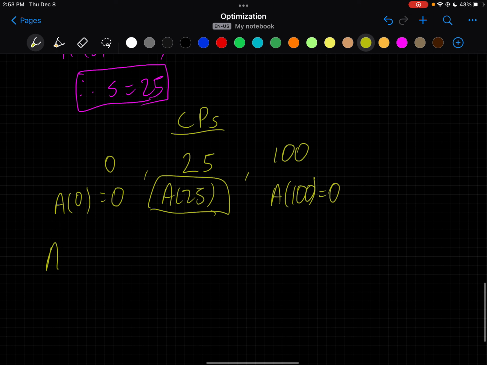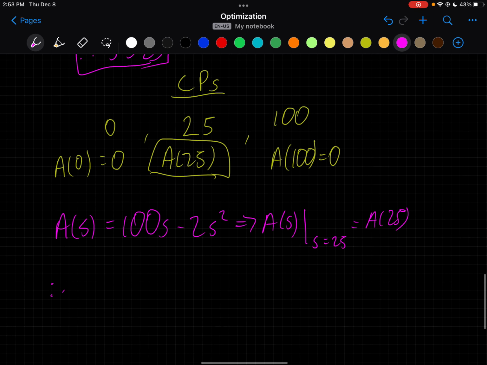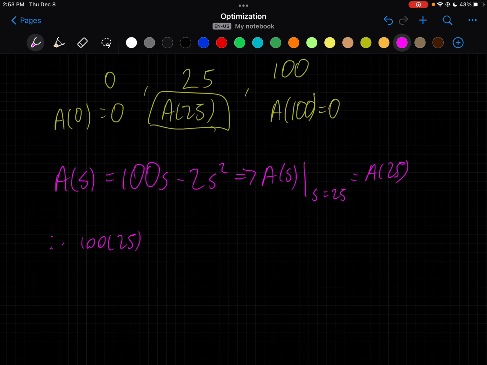So we have A of s is equal to 100s minus 2s squared. Now let's find A of s such that s equals 25, and that's just simply equal to A of 25. Therefore, it's going to be 100 times 25 minus 2 times 25 squared.